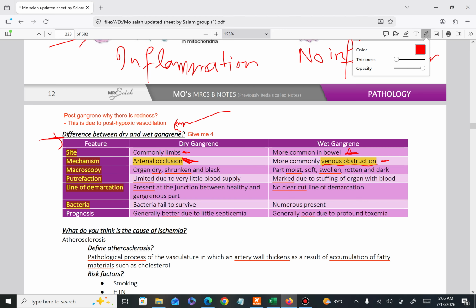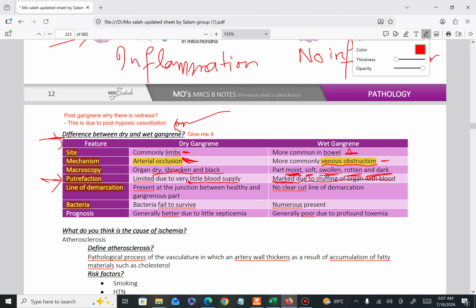In dry gangrene the organ is dry, shrunken and black, while in wet gangrene the organ is moist, soft, swollen, rotten and dark. In dry gangrene putrefaction is limited due to very little blood supply, while in wet gangrene there is marked putrefaction due to stuffing of the organ with blood.